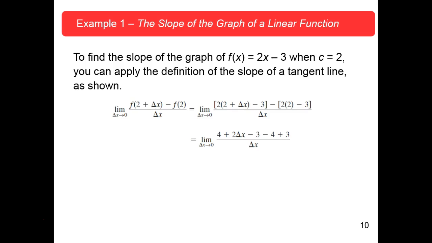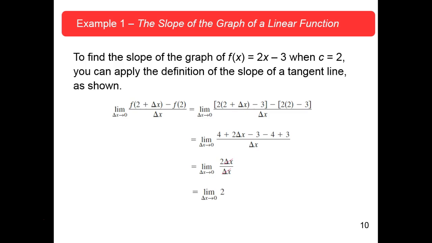So this gives you 4 plus 2 delta x minus 3 minus 4 plus 3. Okay? And now you see the 4's go out, the 3's go out, and you're left with a 2 delta x over delta x. The limit of that, the delta x divide out, and that leaves you 2.